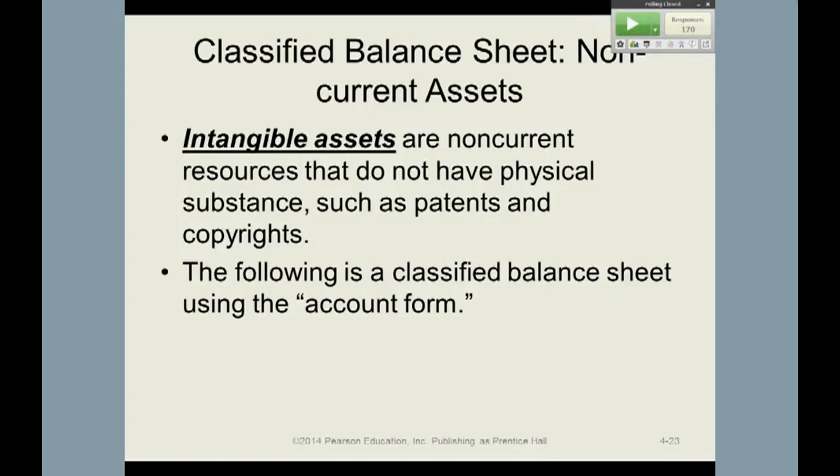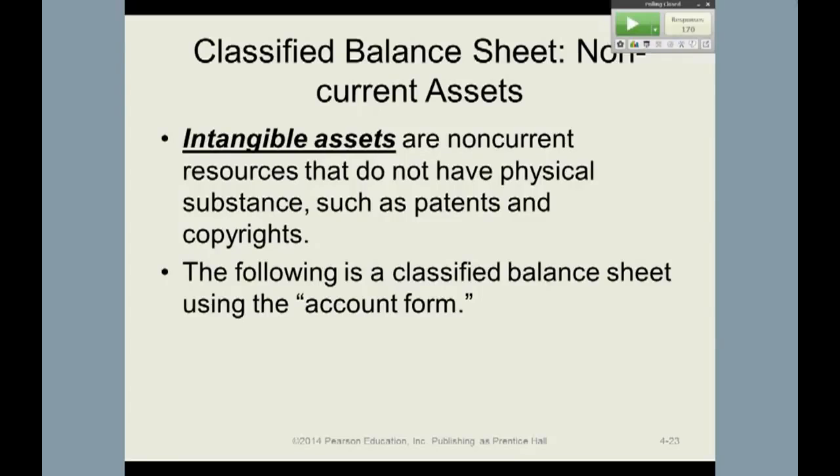If you have a copyright, it gives you the right to sell a book or a musical or an artistic work. So intangibles like trademarks, trade names, patents, these are intangible values. They don't have physical substance, but they have value to you because of the rights that they confer.